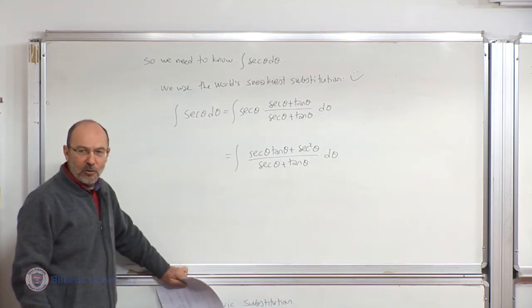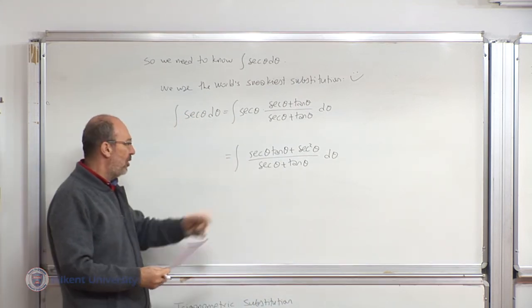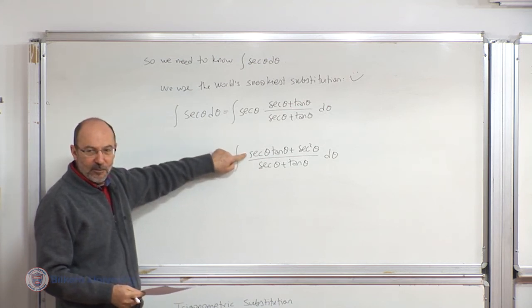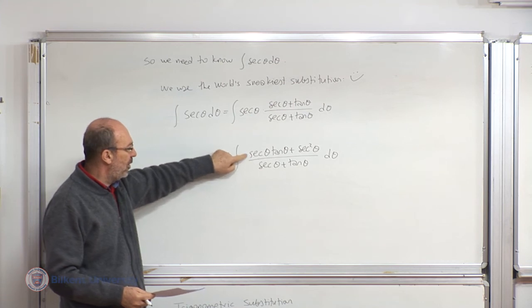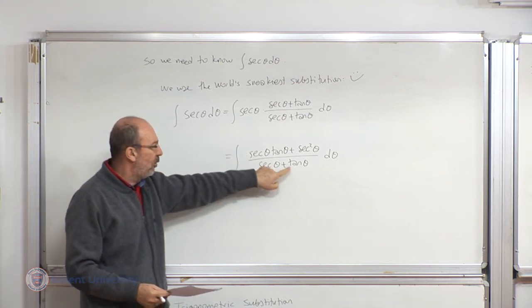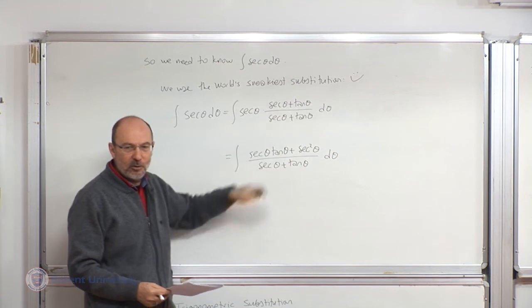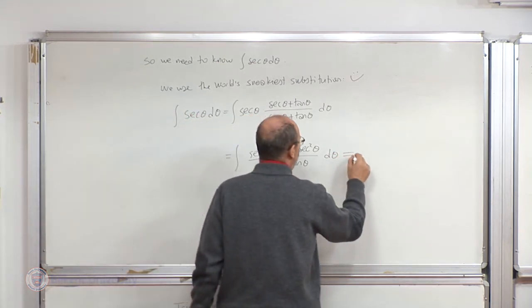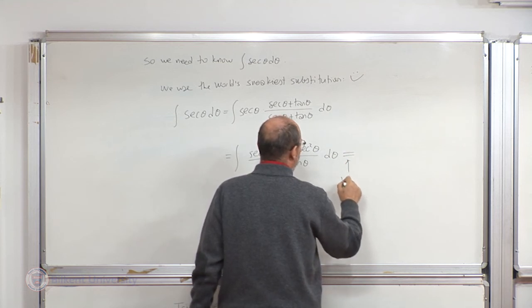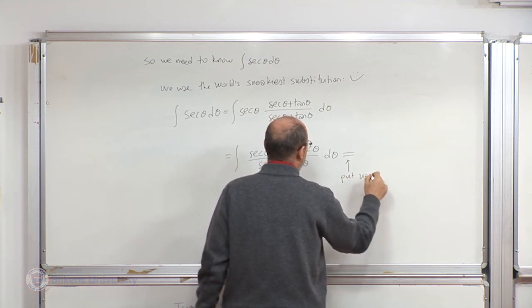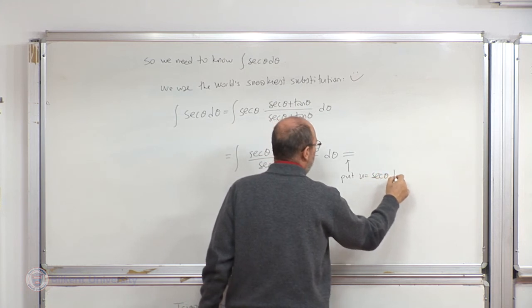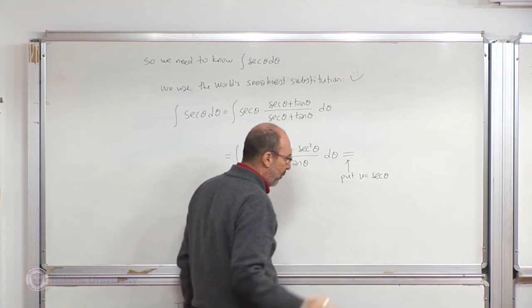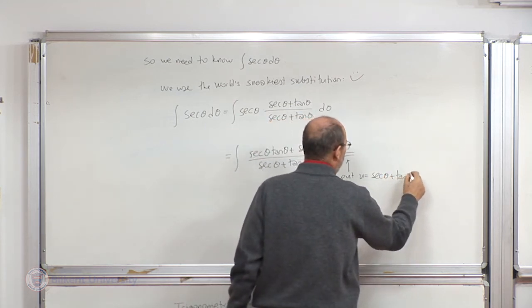So when people ask you why you did this, you say, but it's easy. Look here. If I take the derivative of this, I get this. The derivative of secant theta is secant theta tangent theta, plus the derivative of tangent theta is secant square theta. Just like magic. So here put u equals secant theta plus tangent theta.